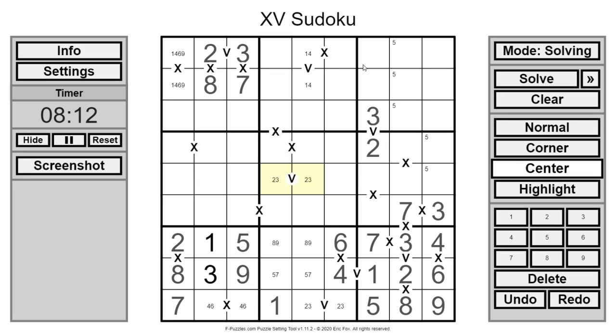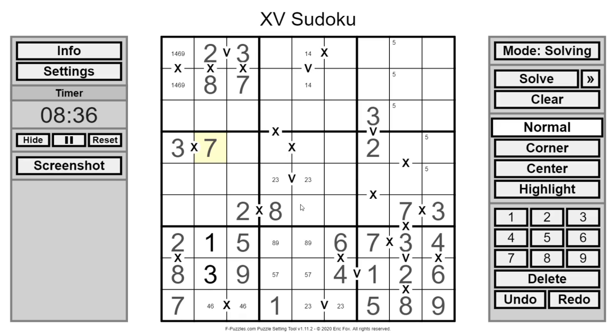So now we do have 2s in quite a few nice spots. And we have 3s in some nice spots similarly, which I think forces this into being a 3.